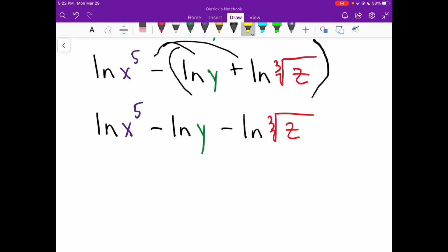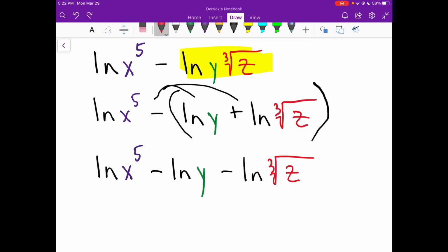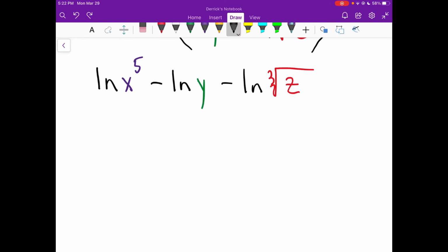So a third root of z could be rewritten as z to the 1/3. That's how I'd want you to think of this. Okay, we are sitting here with the natural log of x to the fifth minus the natural log of y minus the natural log of z to the 1/3.